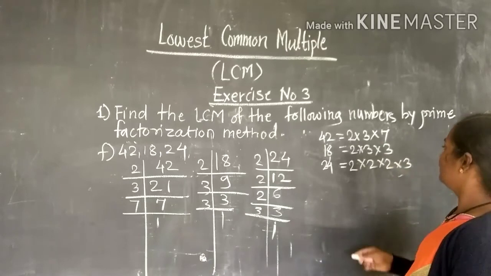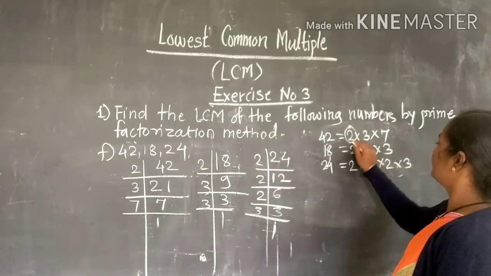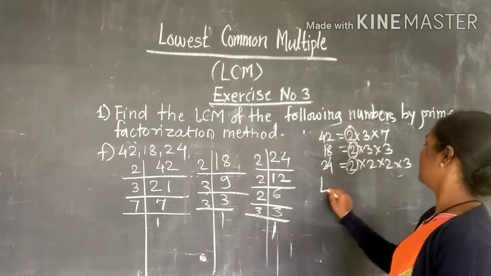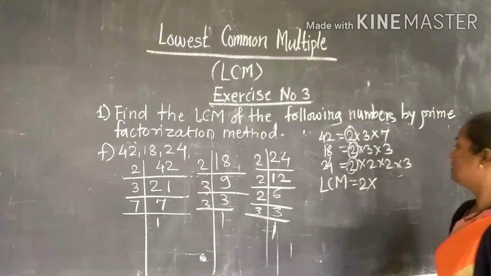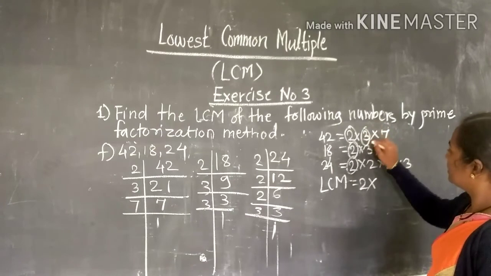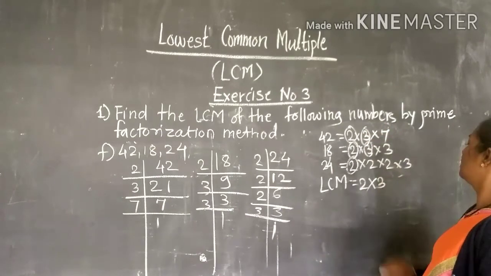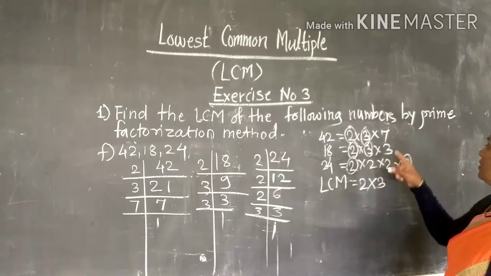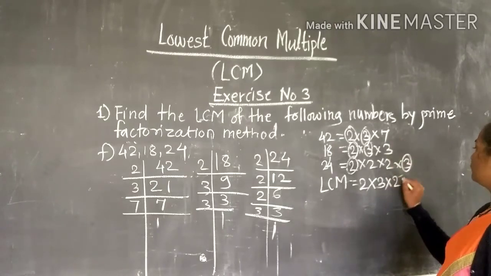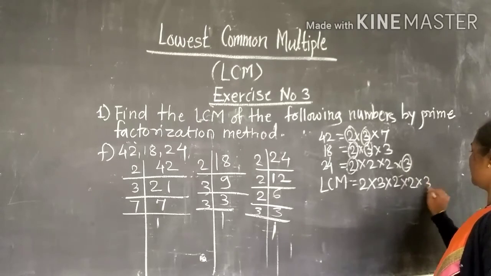Here let's find the common factor: 2, 2, 2. For the LCM you write 2 because 2 is the common factor. Then next 3, 3, 3 is the common. Then here is 3, I forgot. So here the remaining are 2, 2, 3 and 7.